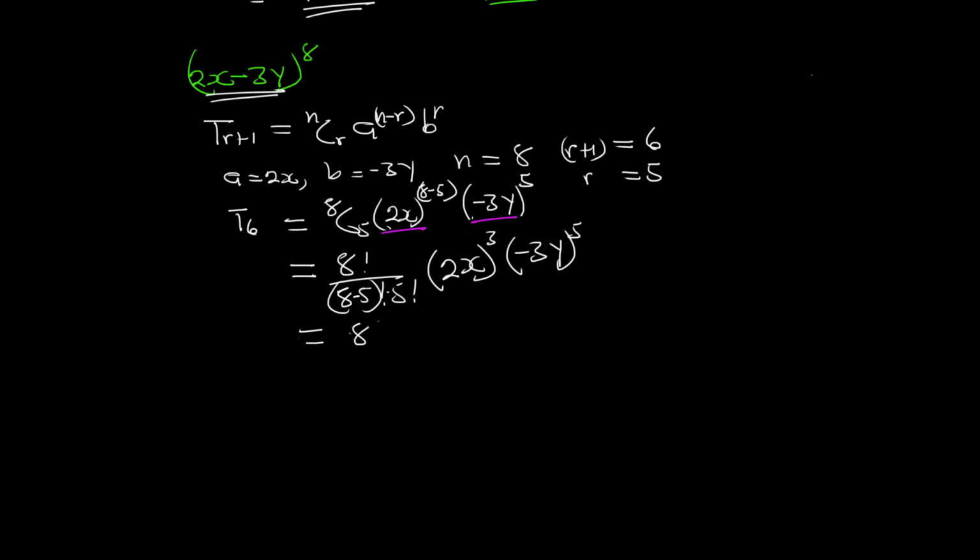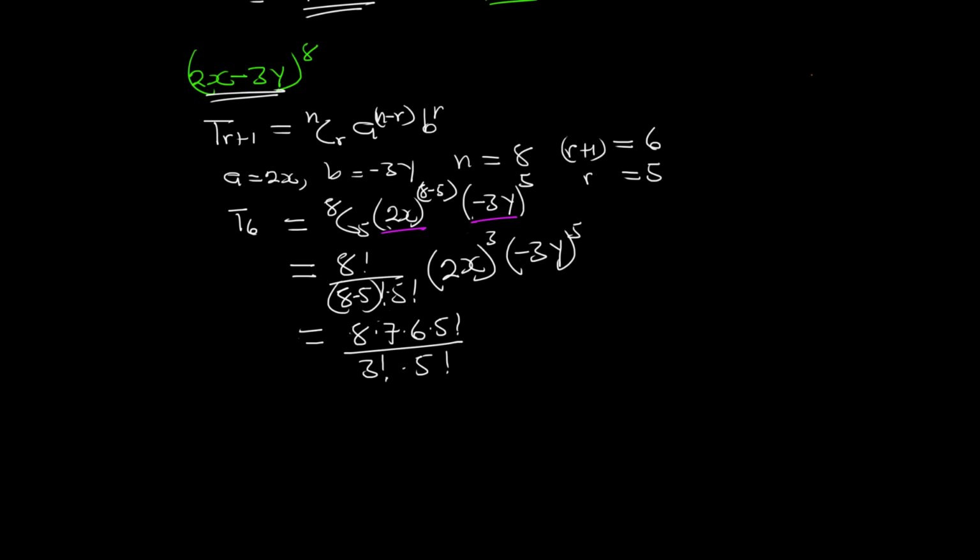This equals 8 times 7 times 6 times 5 factorial over 3 factorial times 5 factorial.